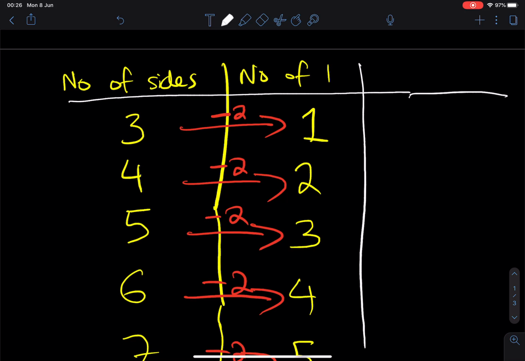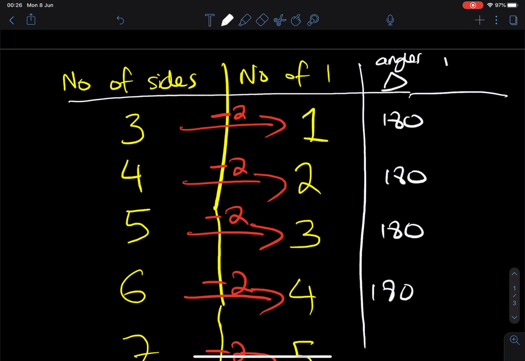Angles in a triangle add up to 180. That one doesn't change. Angles in a triangle always add up to 180.